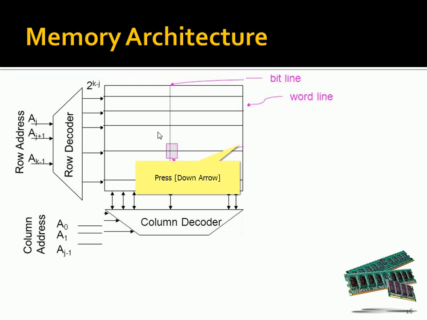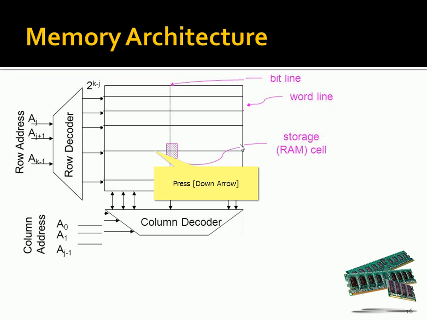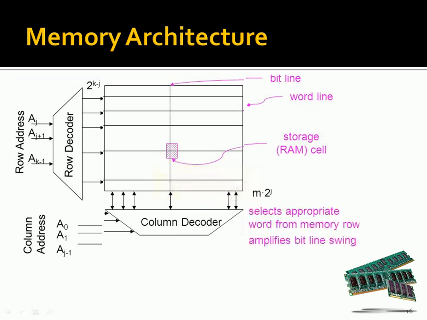We have the storage cell, which can be a random access memory cell or a DRAM cell, so any memory concept can be employed here. This is a complete typical memory organization for any computer.